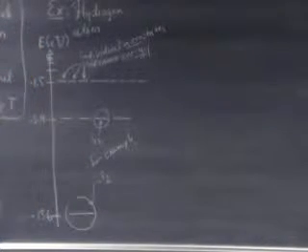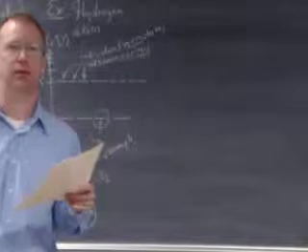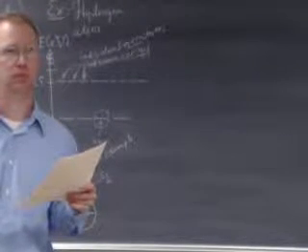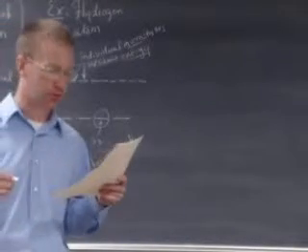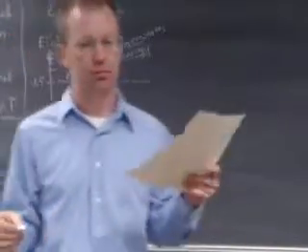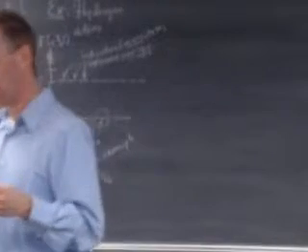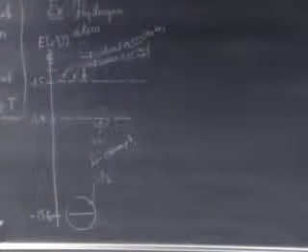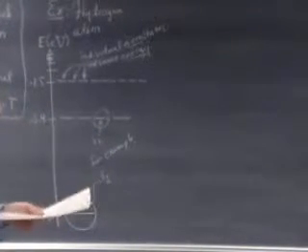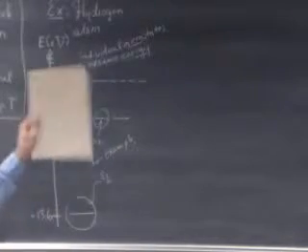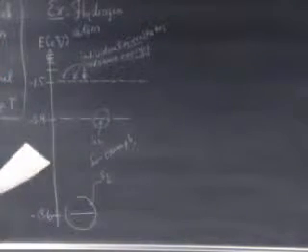And remember, it comes from the fundamental assumption of statistical mechanics. All microstates of a given energy are equally likely. This is at least a specific application of the fundamental assumption here.